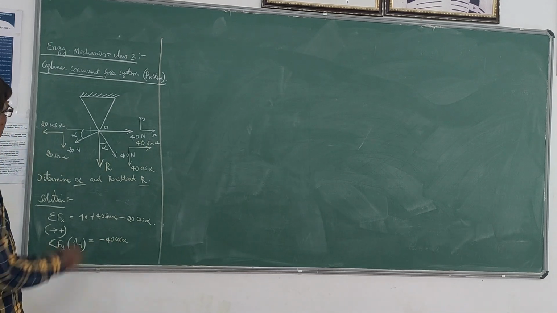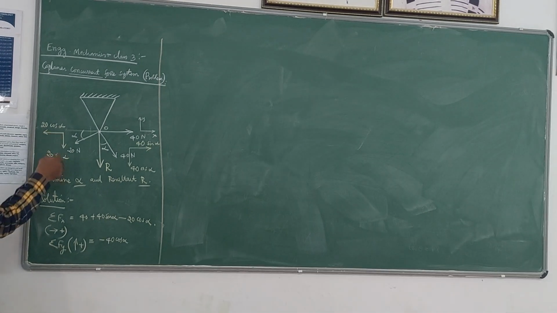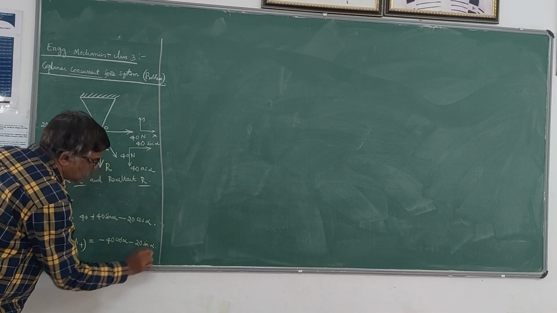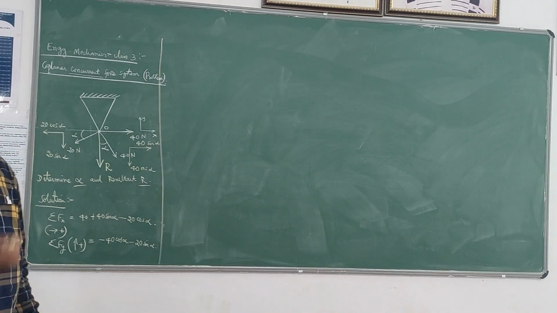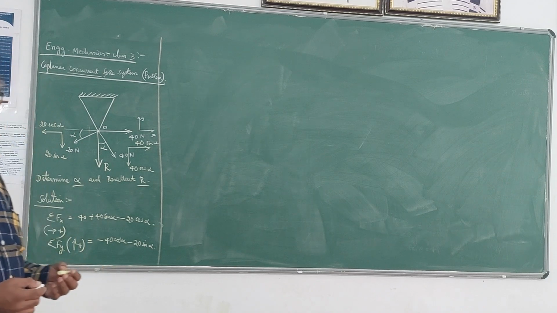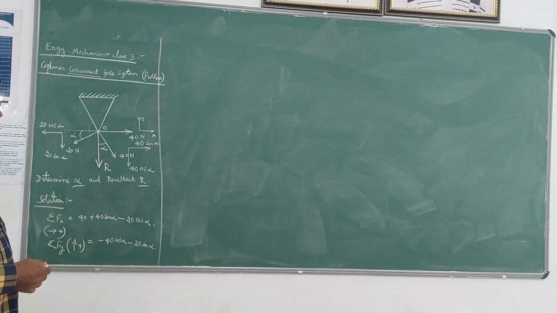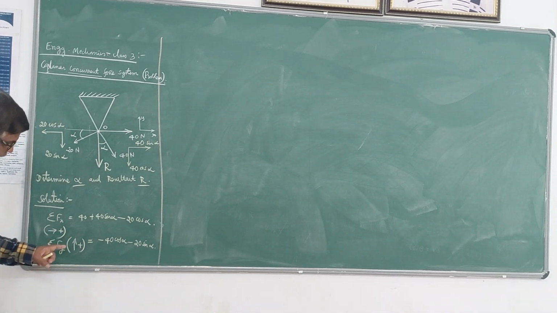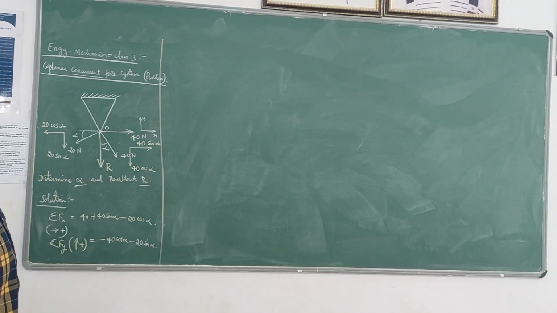And the vertical component of this is minus 20 sin alpha. So the first step is to resolve the forces, then take the algebraic sum of the forces both along x direction and y direction with suitable sign convention. For x direction, forces acting towards right positive; for y direction, upward forces positive.